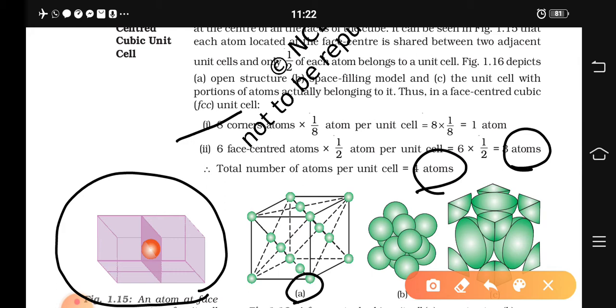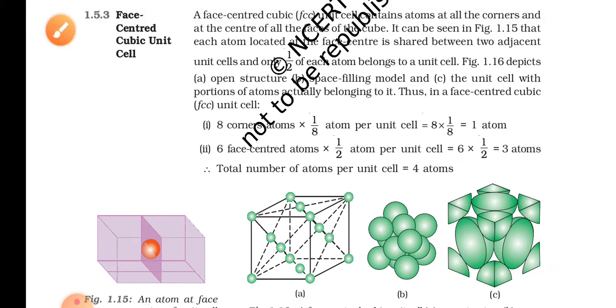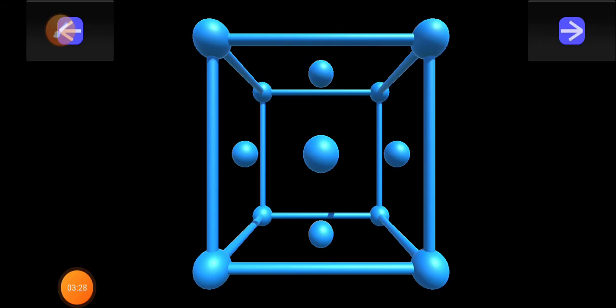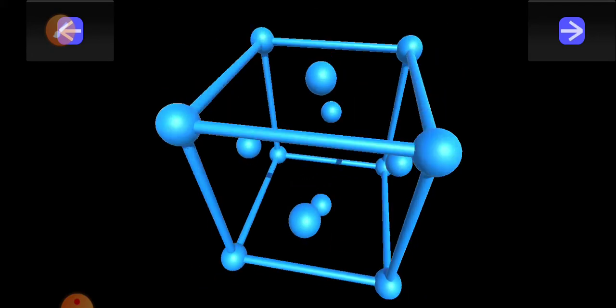Now to understand this in a 3-dimensional way, let us try to see the 3-dimensional representation of the face-centered cubic unit cell. So this is the 3-dimensional representation of a face-centered cubic unit cell.